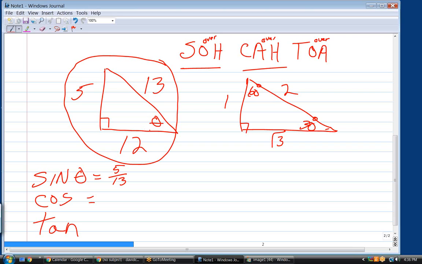Now, whenever you look at any angle, there's two adjacent sides to every angle, right? In other words, if I'm looking at theta, 12 is an adjacent side, and so is 13. Well, when they refer to the A up here, they're always referring to the adjacent side that is not the hypotenuse. So cosine would be adjacent over hypotenuse. Well, the adjacent has to be 12. Hypotenuse is 13.